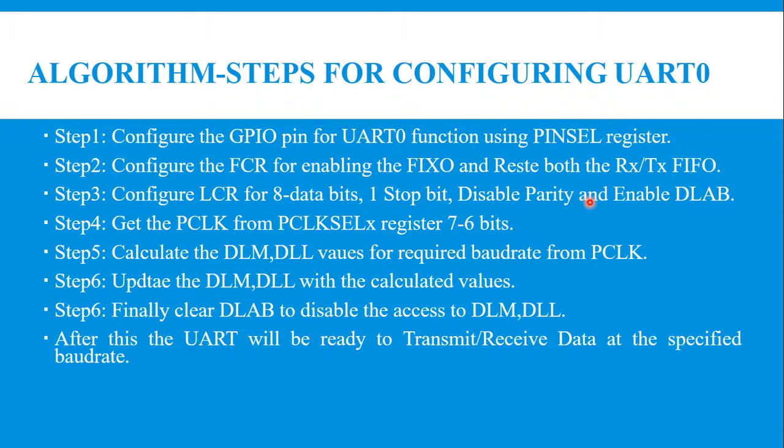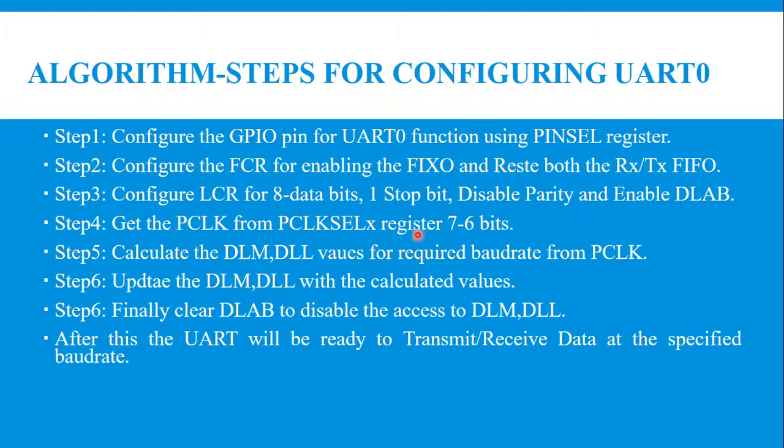Now get the processor clock information from the clock select register, the peripheral clock. Even though, while preparing the hardware experiments, we have already done this peripheral clock selection in the system file, so there is no need to do it here.